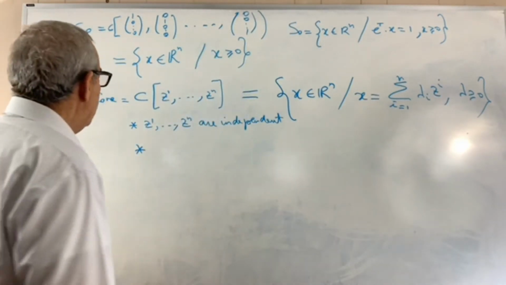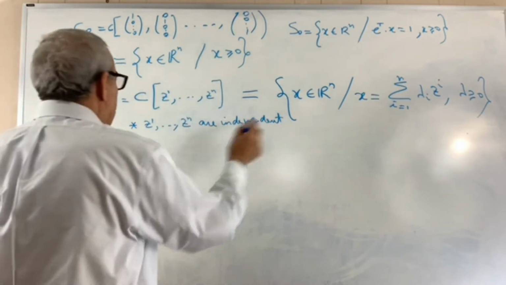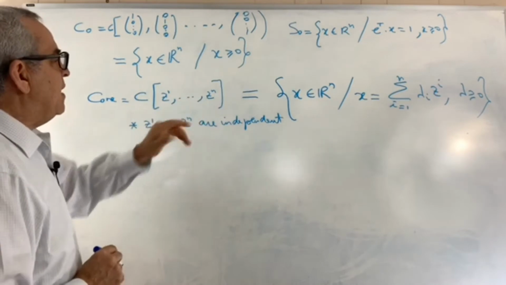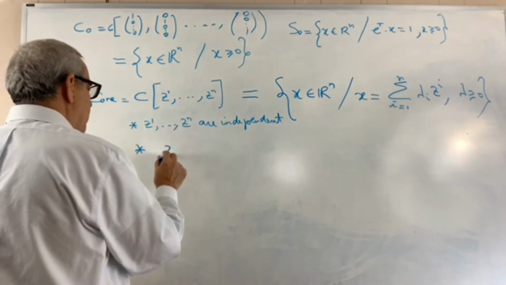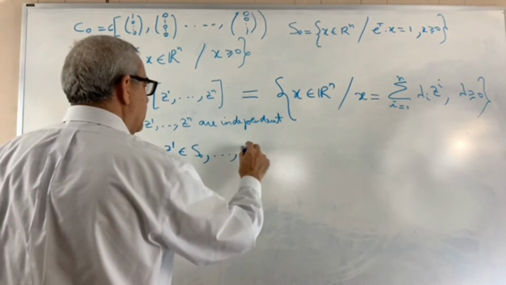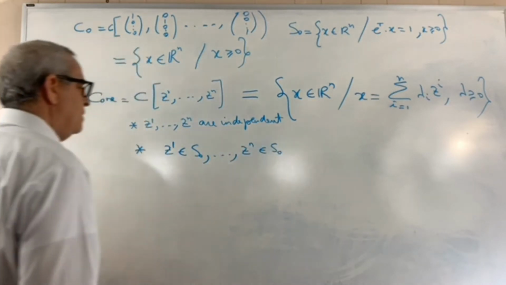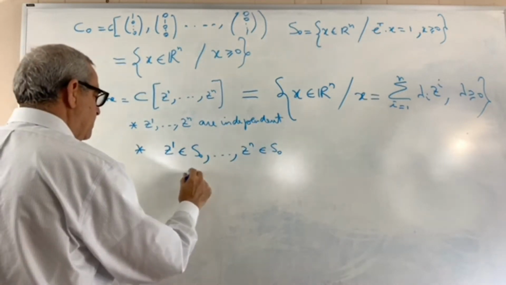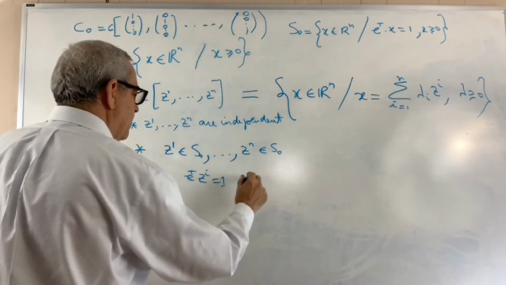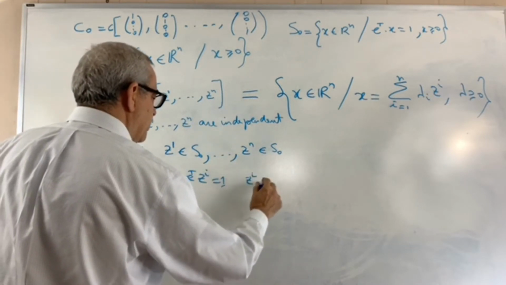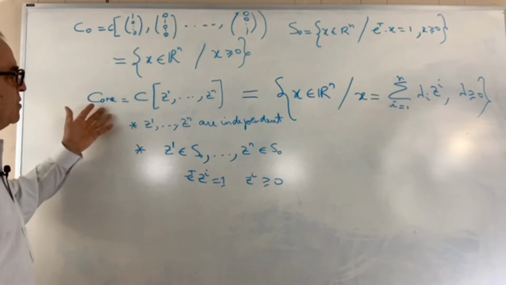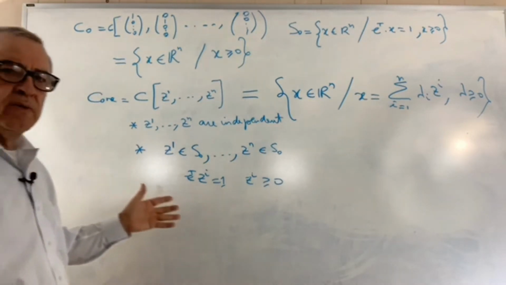In here, we assume that Z1 through Zn are independent and also normalized. In other words, Z1 through Zn belong to S0, which means E transpose Zi is equal to 1 and Zi is greater or equal to 0. Throughout this section, when we discuss a cone, it's implicit that we assume this.